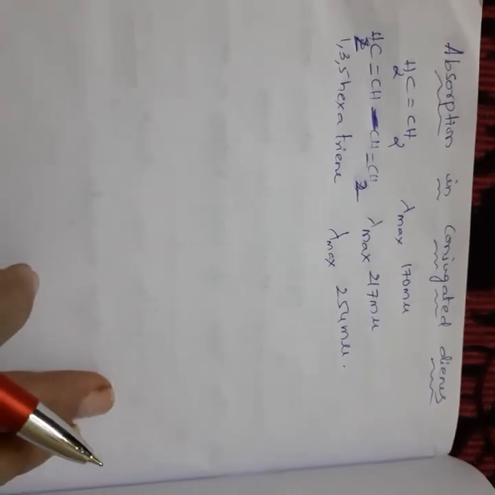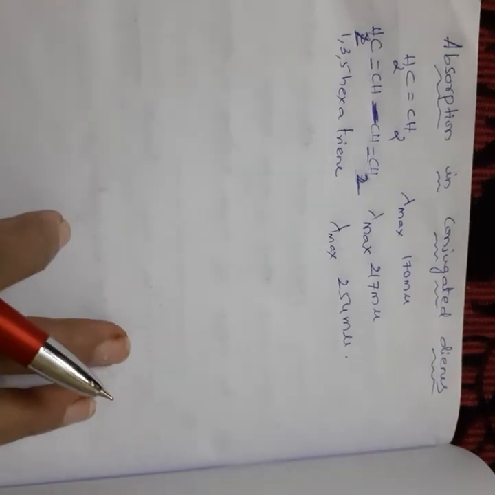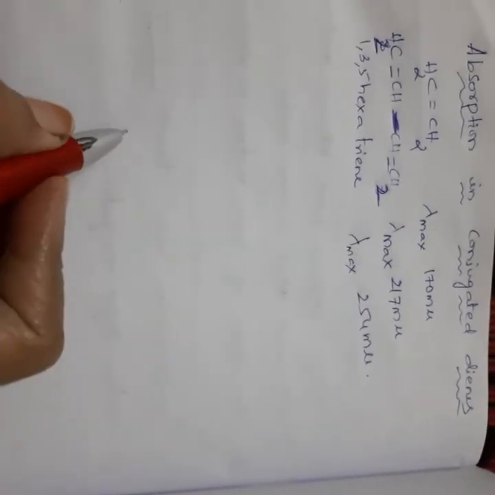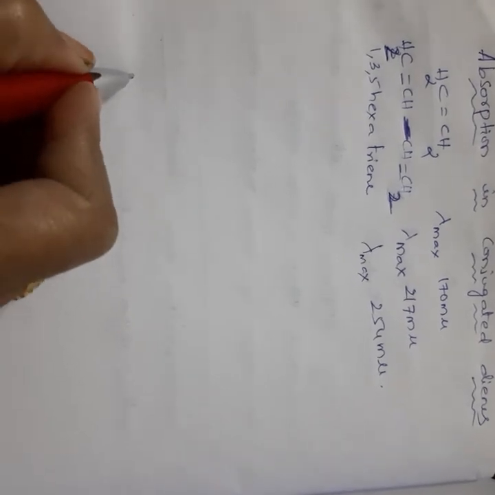What I want to say is the single bond, this one, that is 1,3-butadiene. Now we need to check how these lambda max values are shifting from left to right. So before telling about that lambda max shift, first we will see the ground state configurations of these two ethylenes.